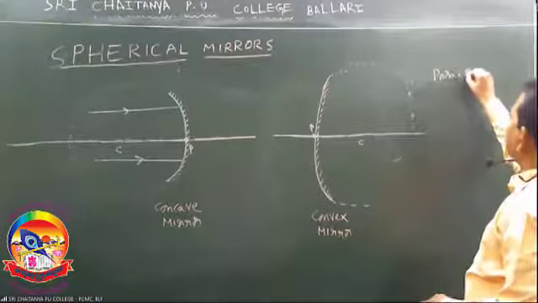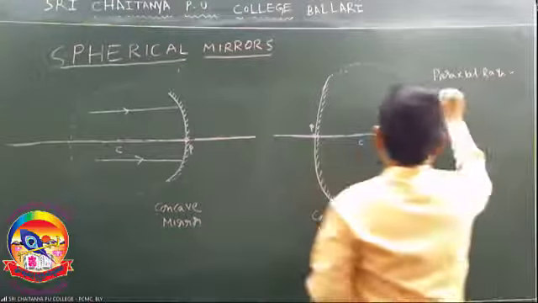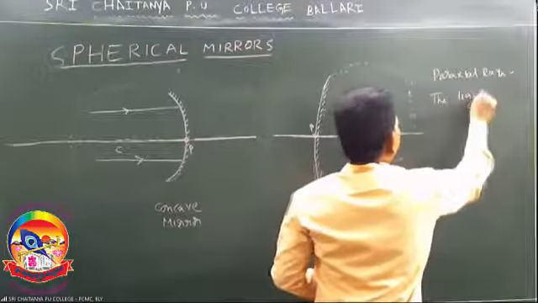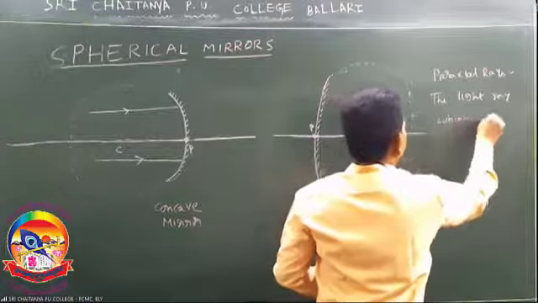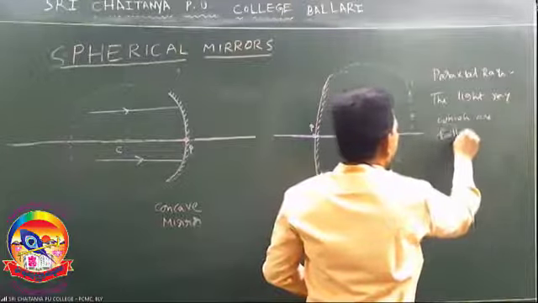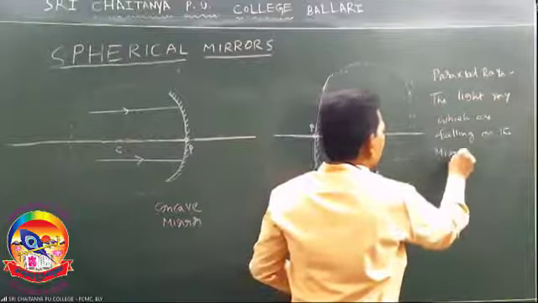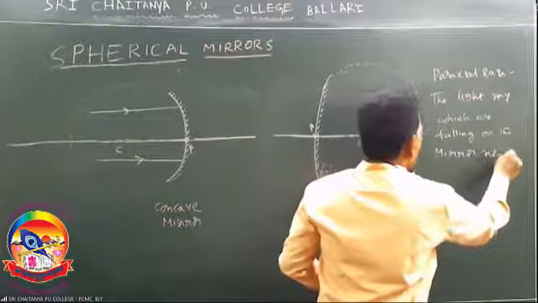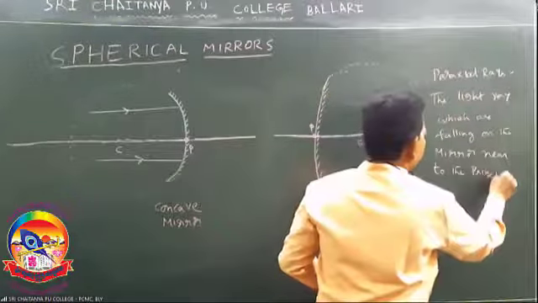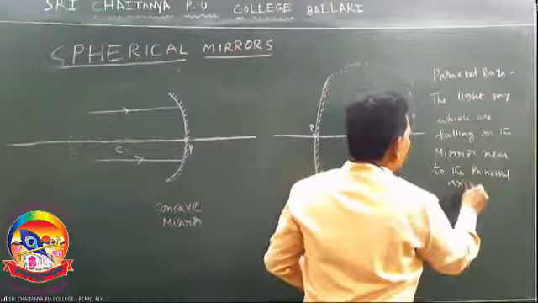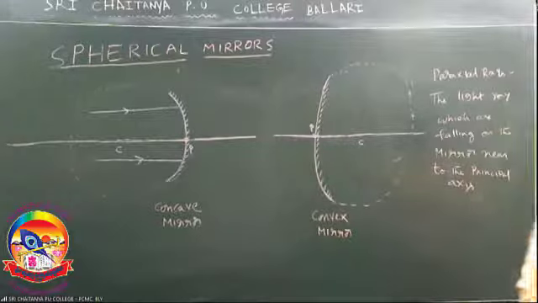Paraxial rays: the light rays which are falling on the mirror near to the principal axis are called paraxial rays.